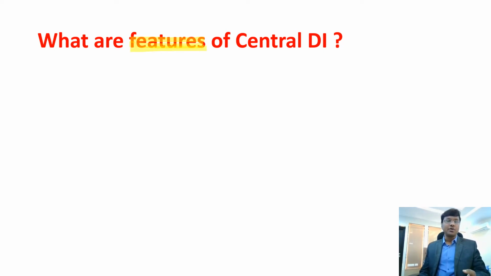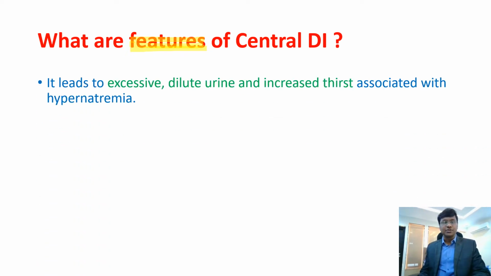So antidiuretic hormone is required for the reabsorption of water from the distal tubules of the kidney. So when your antidiuretic hormone is absent, what will happen? The water gets excreted out in the form of urine in excess quantity, and that will result in the individual developing polyuria. So there will be excessive dilute urine that is passed out.